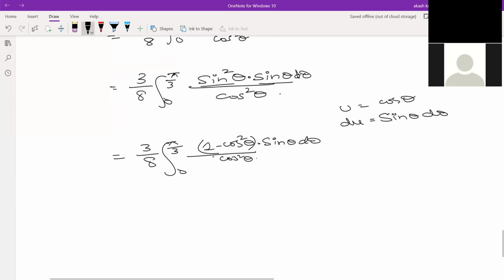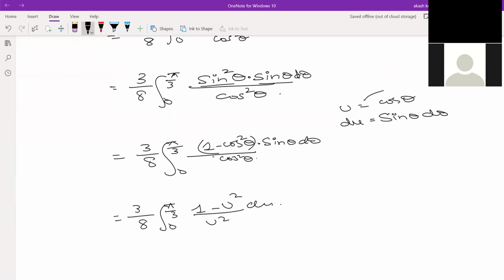Now applying the u substitution, it becomes 3/8, 0 to pi by 3, 1 minus u square over u square, and sine theta d theta becomes du. These limits are still in theta form, but now I have converted everything from d theta to du, so I need to change my limits as well.